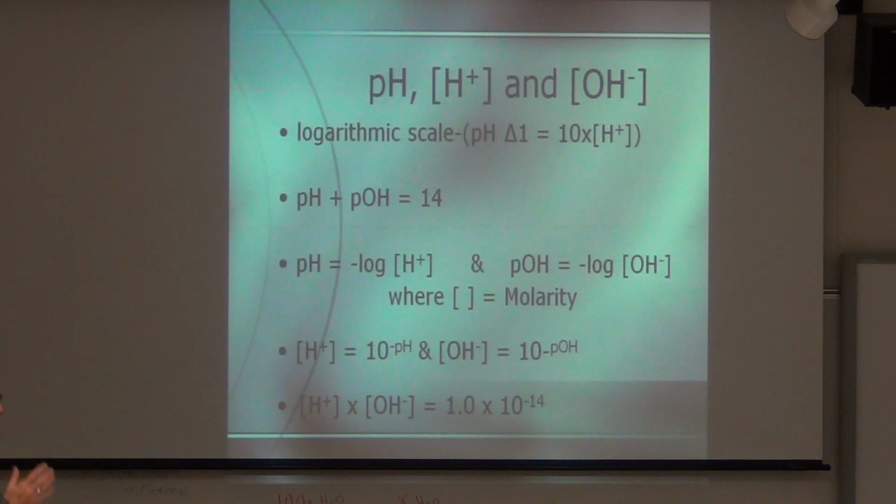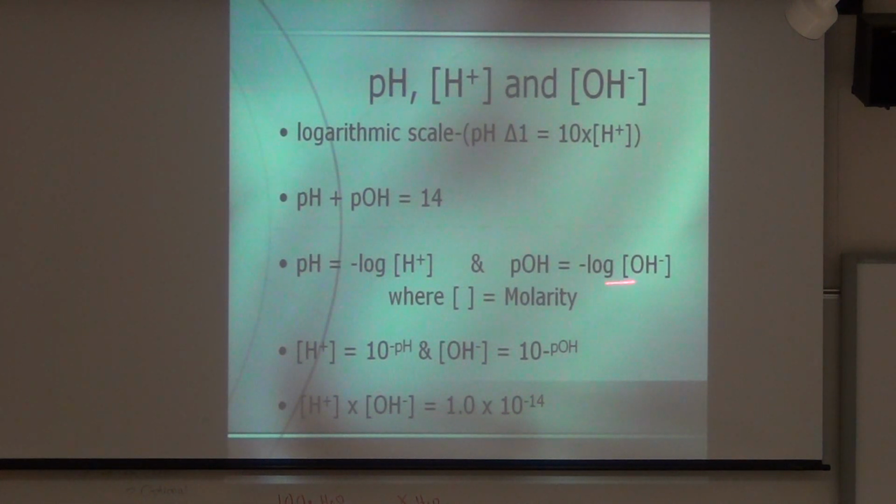So if you go from a pH of 4 to a pH of 3, your solution is going to be 10 times as acidic. And then to go from 3 to 2 is another 10 times as acidic, which means our concentration of H plus ions is increasing by a factor of 10 for every jump of 1 unit on the pH scale.